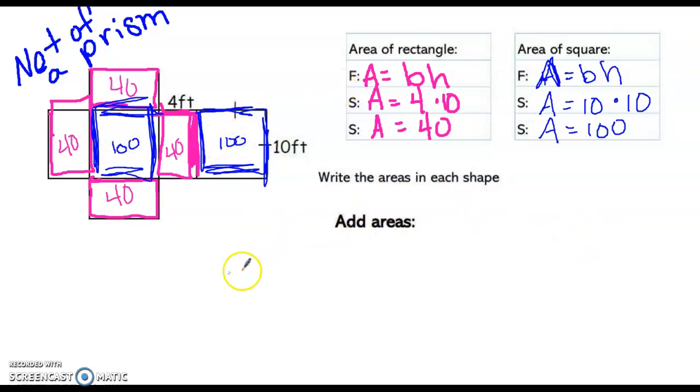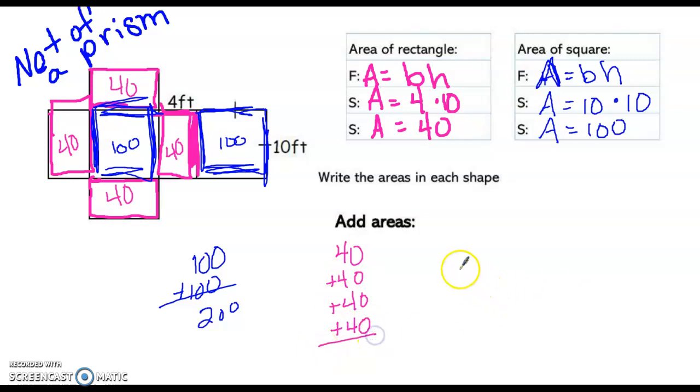So when we add those areas up, we have 100 plus 100 is 200, and we have 40 plus 40 plus 40 plus 40, or we could say 40 times 4.